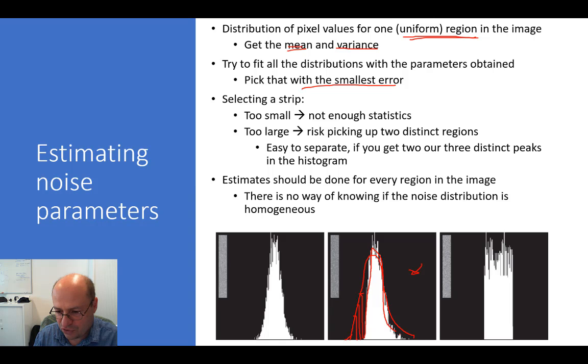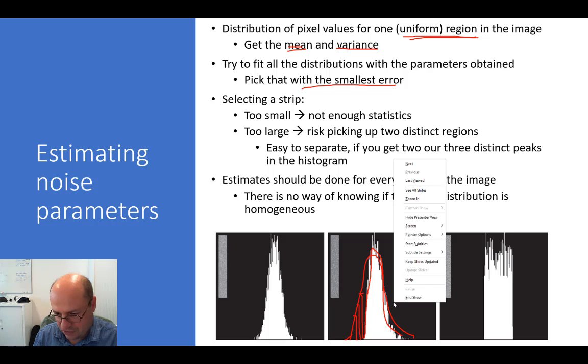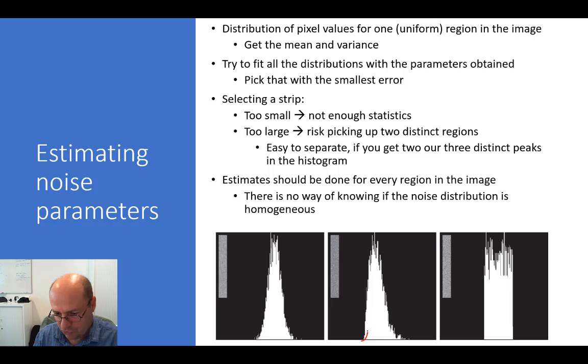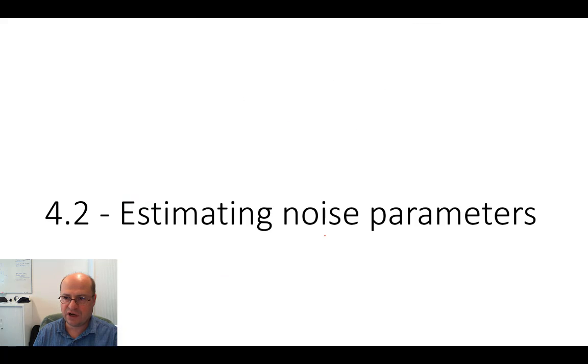So these are error points. Instead, if you try to fit a Rayleigh distribution, which will be something like this, you get fewer errors, right? So you pick up the distribution with the smallest error. Easy peasy.